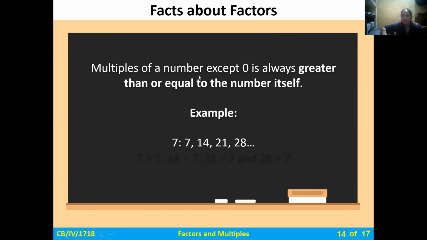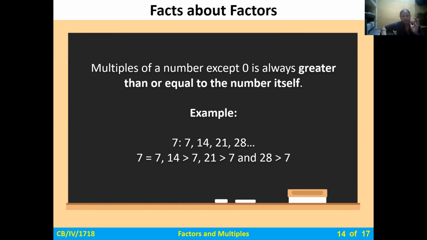So multiples of a number except 0 are always greater than or equal to the number itself. Now see here, 7 is equal to 7. We are finding the multiples of 7. Rest all the multiples except 7 are greater than 7. Very good.